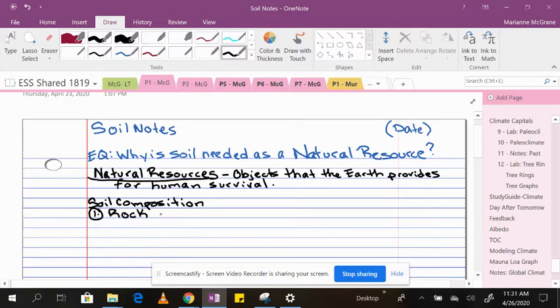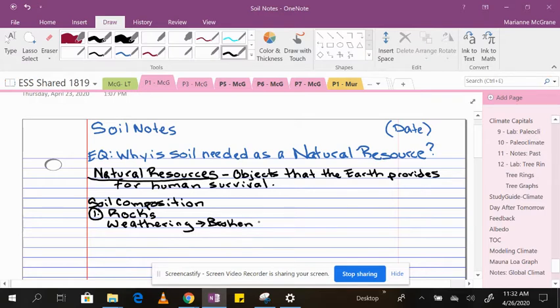Depending on what kind of rock you have is really going to give you the properties of your soil. And so when we are talking about rock or rocks, there's a process that you should be familiar with called weathering. Weathering is the breaking down of rocks into smaller rocks.